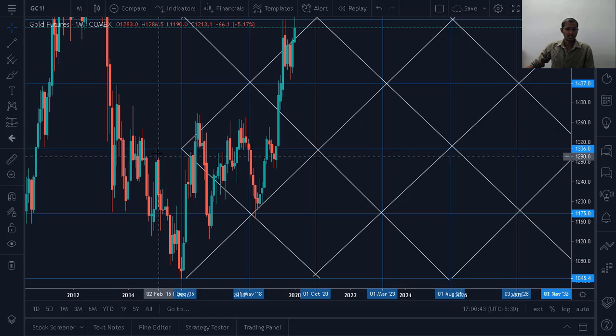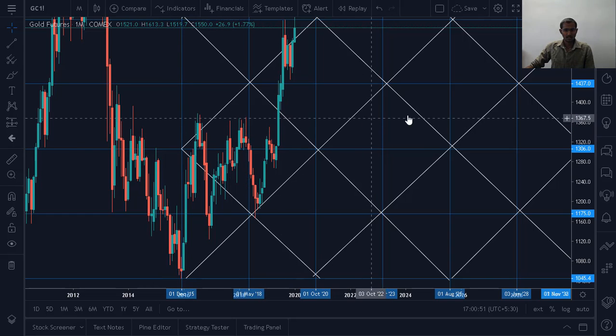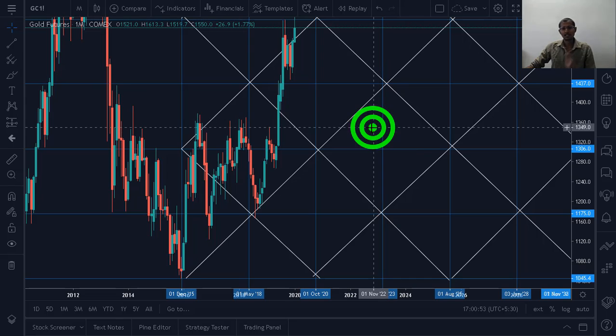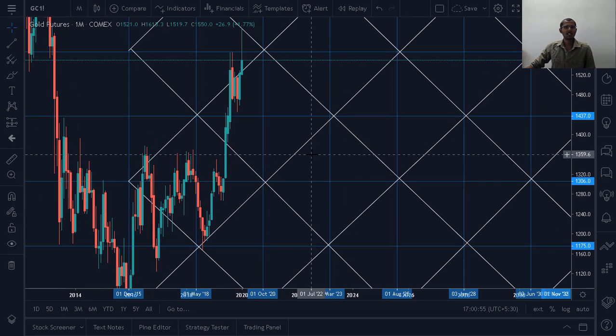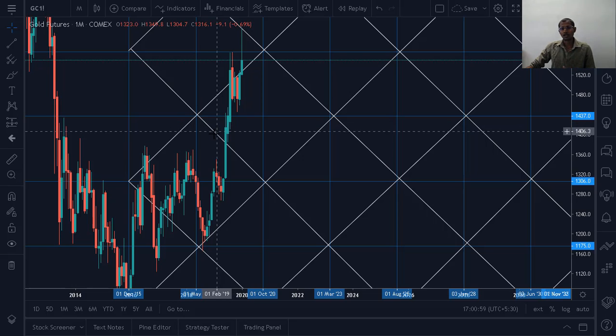Here, as you can see, just view this point. Nowhere has the market turned exactly after touching the price resistance that we have calculated and drawn.